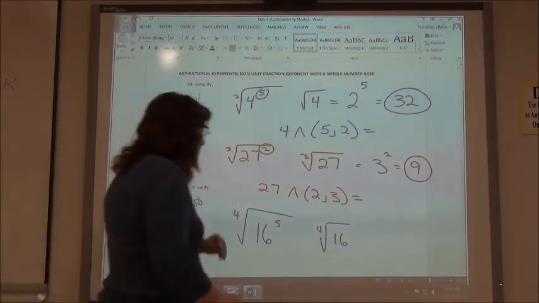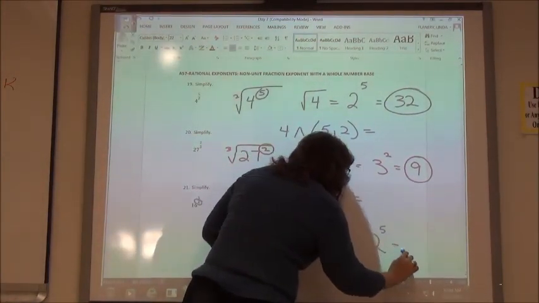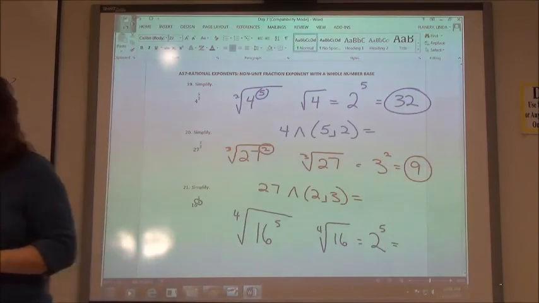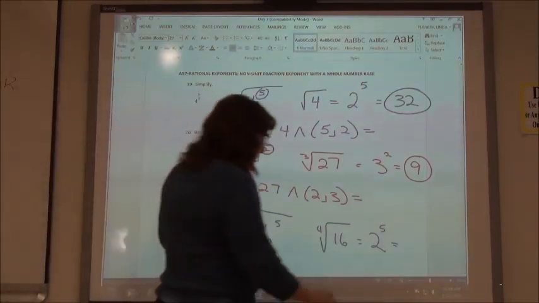So the 4th root of 16 is 2, and then we're going to take 2 to the 5th power. We already did 2 to the 5th power earlier. 2 to the 5th power is 32.